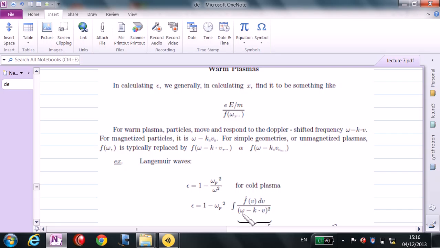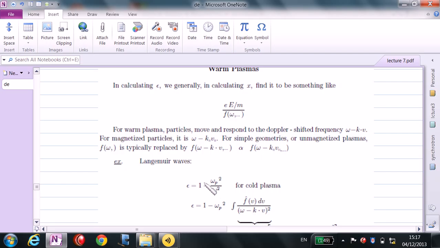Now the Doppler shifted frequency is omega minus k dot v. If an electron is moving in the direction of the wave, exactly at the speed of the wave, then the denominator would be 0, and there would be no oscillatory cancellation. That's where the trouble comes, when this denominator goes to 0.